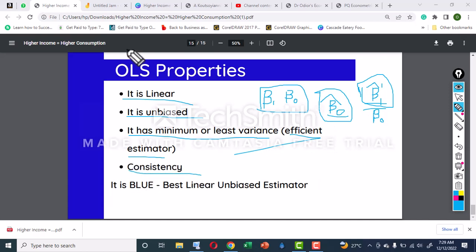So in short, all these major properties are summarized into something we call BLUE, which makes them the best linear unbiased estimator. The linear is for this, the unbiasedness is for this, and the efficient estimator, that means minimum variance, is for this. So that's why they call them BLUE, the best linear unbiased estimator. So those are the properties of OLS.